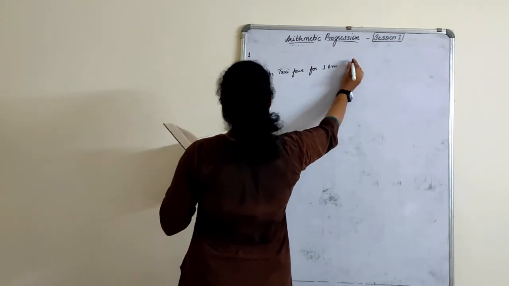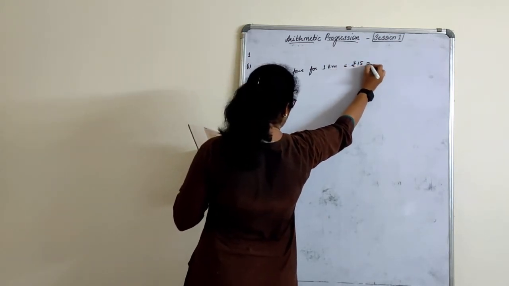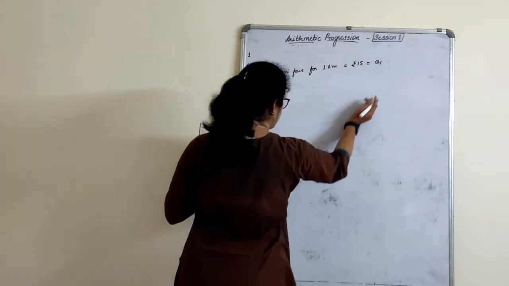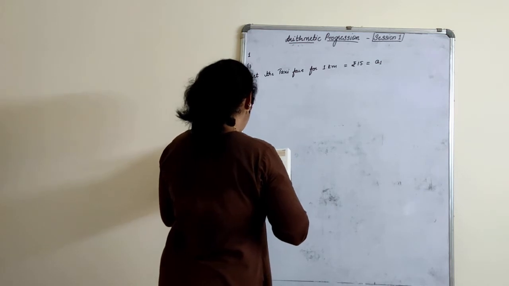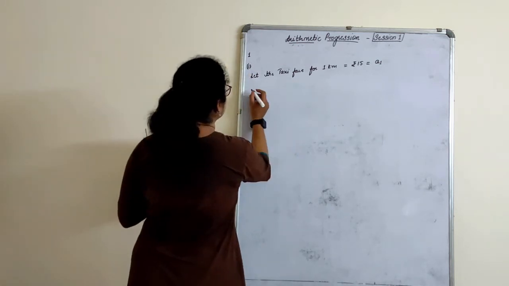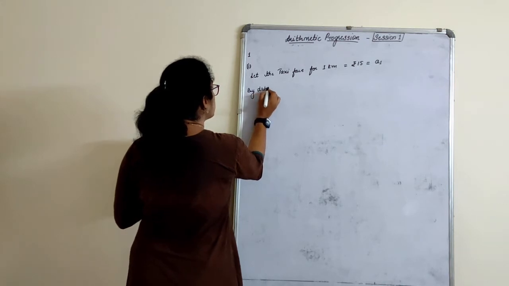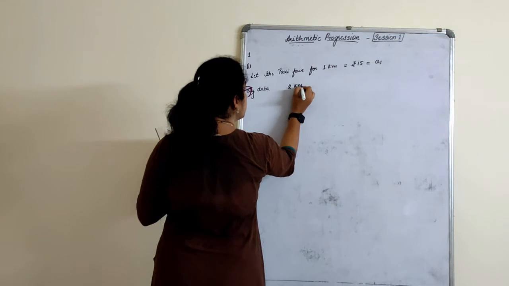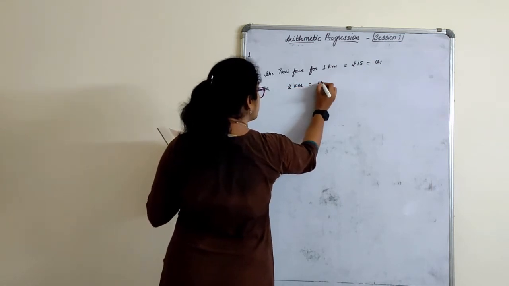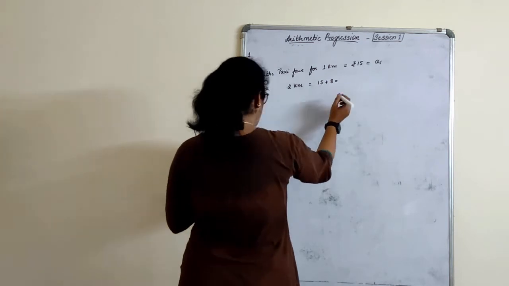This is A1, the first term. And rupees 8 for each additional kilometer. By data, I will directly write here for 2 kilometers. How much is it? 15 plus 8 we have to do, right? 23.